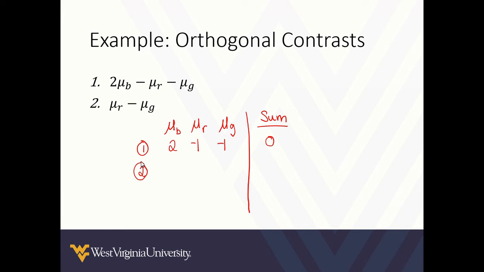Next, we have our second contrast. There is no mu B. Mu R is +1, and mu G is -1. 1 plus -1 is 0. So we've just established that 1 and 2 are contrasts.